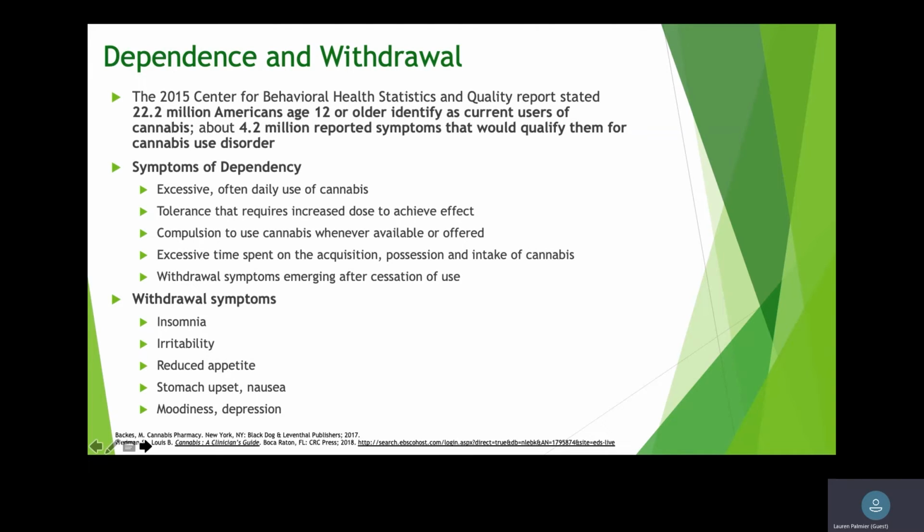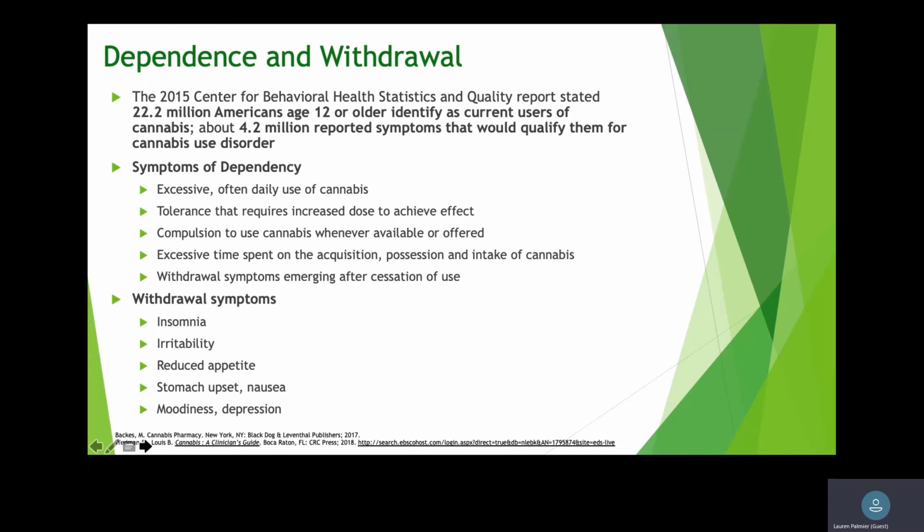So symptoms of dependency might include excessive or often daily use of cannabis, tolerance to cannabis that requires an increased dose to achieve an effect, compulsion to use cannabis whenever available or offered, withdrawal symptoms after cessation of use, and excessive time spent on trying to get cannabis.